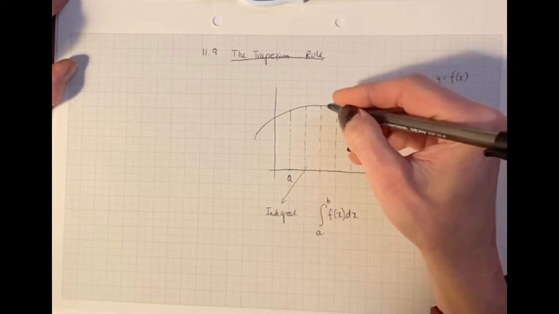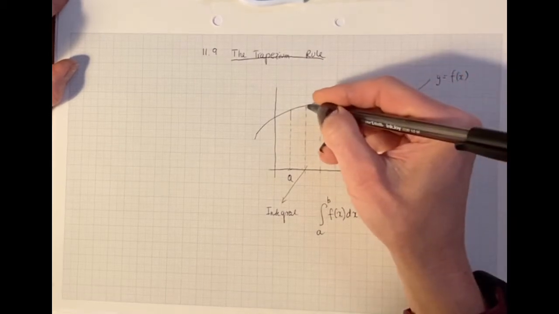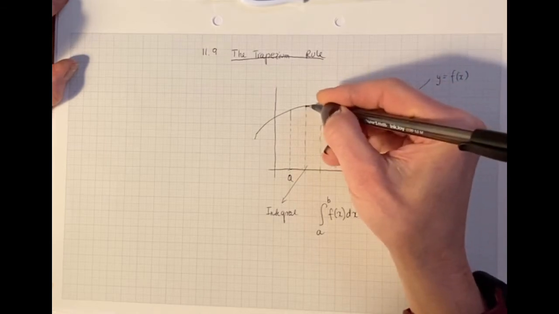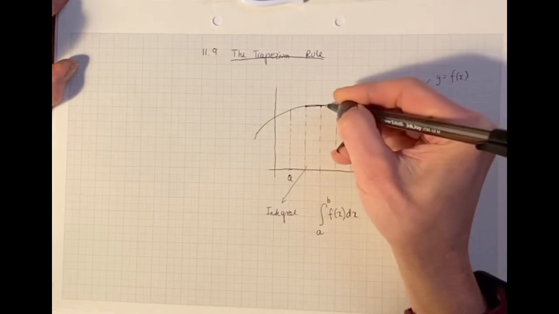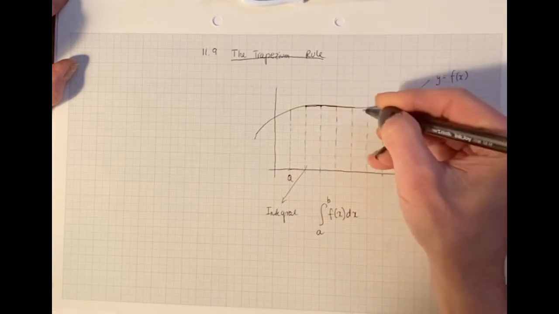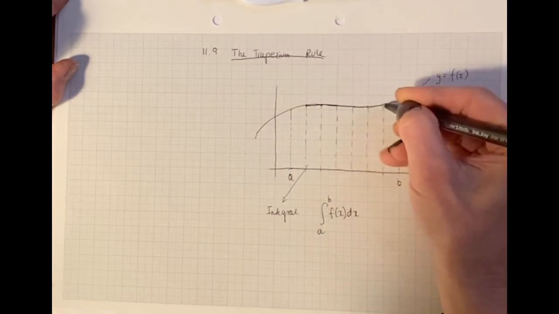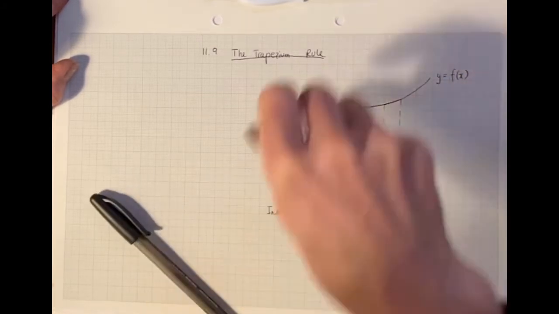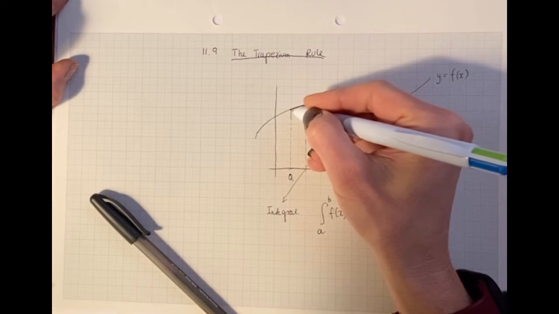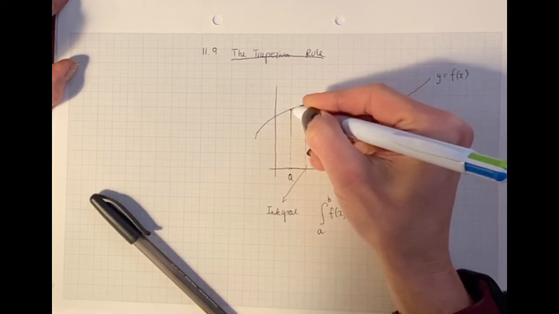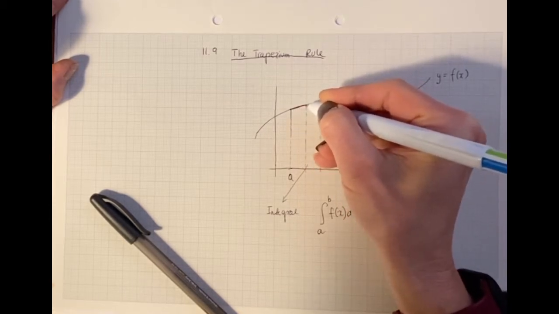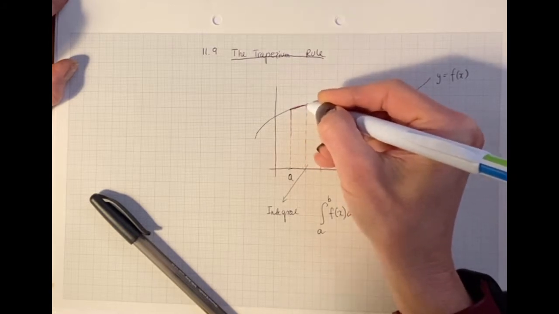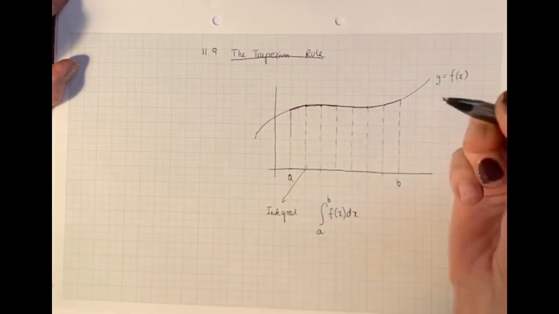The top values of each strip are going to be joined, those two points, and you're going to have a series of trapezia. It's freehand, there you go. Depending where the curve is, like for example this trapezium here, if you join the two points with a straight line, the curve is going to go above this, so the trapezium is going to be a slight underestimate.